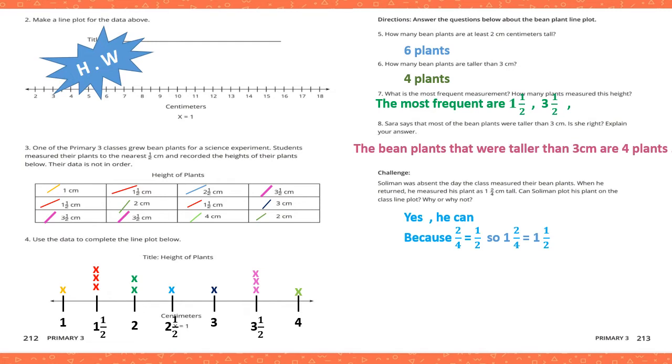Yes. So 1 and 2 over 4 equals 1 and 1 over 2. Okay, so I can put it on my line plot. 1 and 2 over 4 equals 1 and a half.